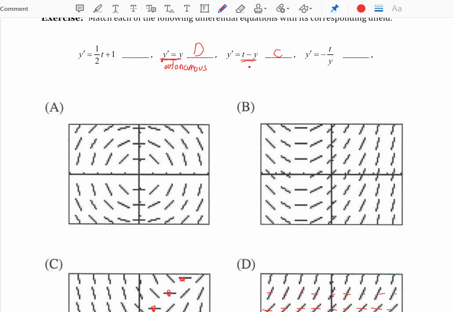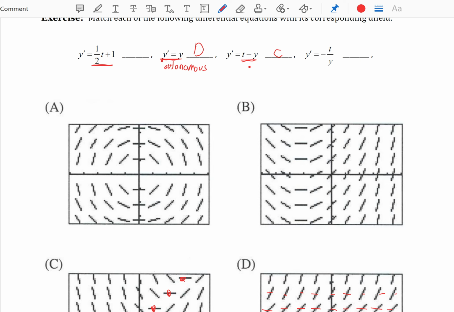This first one. Again, there's different ways you can do this. When I look at this first one, I notice that this differential equation does not depend on y. It only depends on t. Now, don't say that the slope is 1/2, because it looks like y equals mx plus b. That's not true. Here, you tell me a value of t, and I'll tell you the slope.